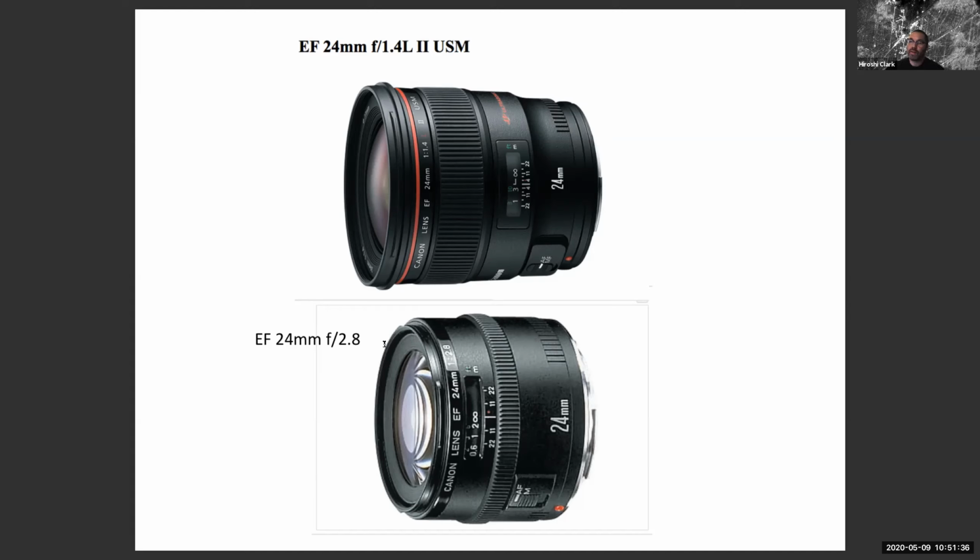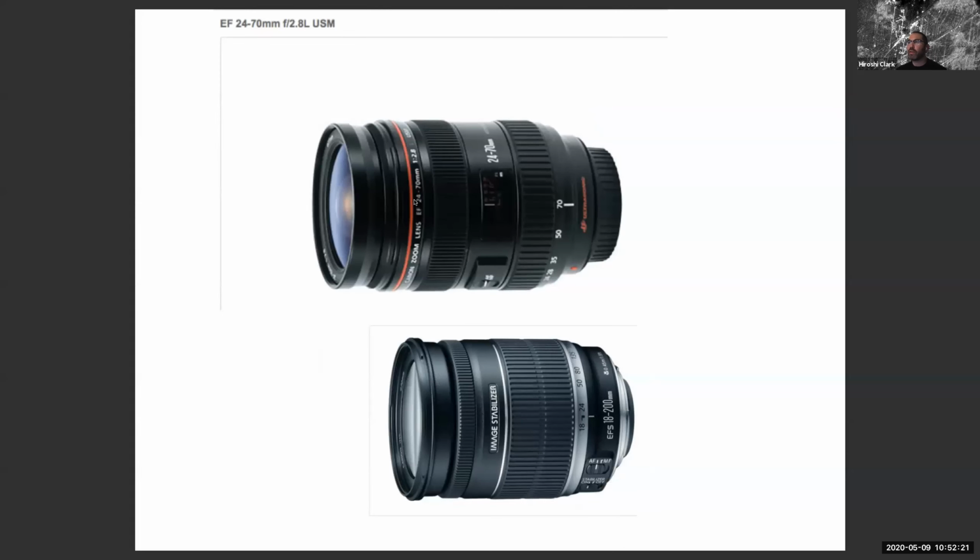We're talking probably a difference of $1,200, and they're both 24 millimeter lenses. So what's happening is this lens is bigger, meaning it's got more glass in it. It's going to be sharper. It's going to give you a crispy image that is really beautiful, right? Not to say that this one is not going to give you a nice crispy image as well, but the quality is definitely going to be a little less, or quite a bit less, $1,200 worth less than what you'll get out of this. Okay, so that's why lenses cost. They could be the same focal length but cost different amounts of money.